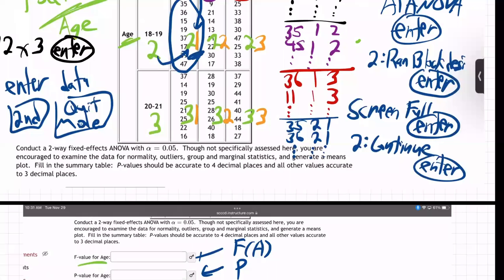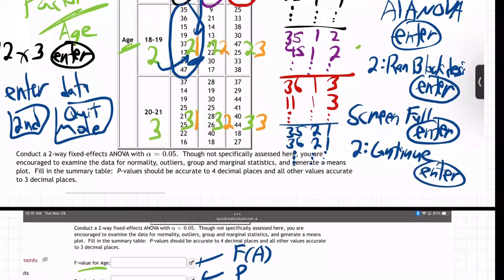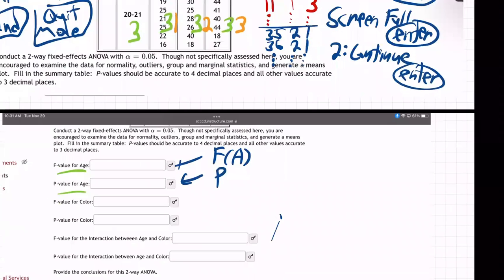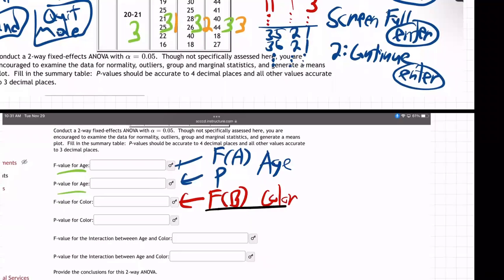And remember what A is. What is A? Age, right? Then next, you'll get an F value for B, and that goes right here. And what was B? B was the color scheme, black, white, and those other color schemes. Now at this point, your calculator will stop, and you have to hit enter to get the next 3 answers.